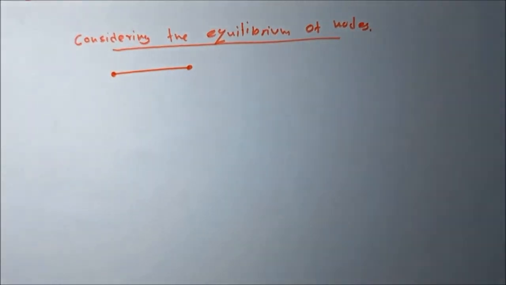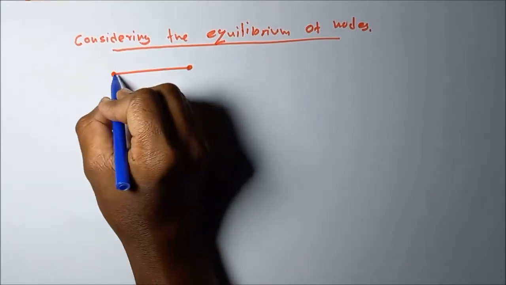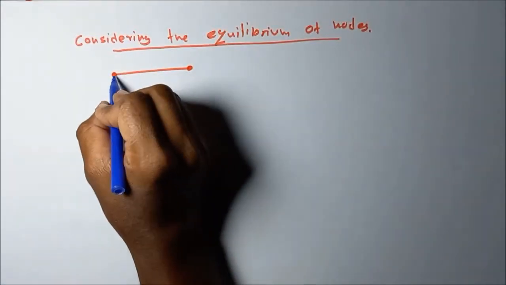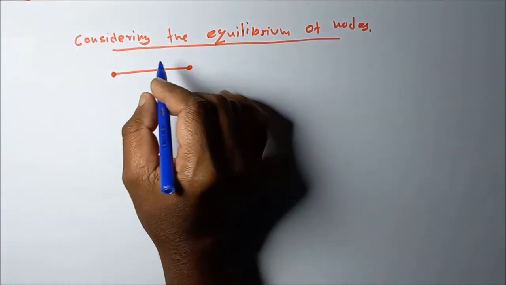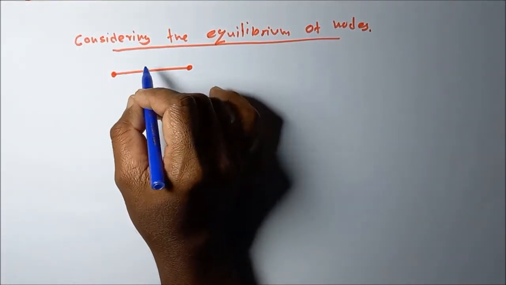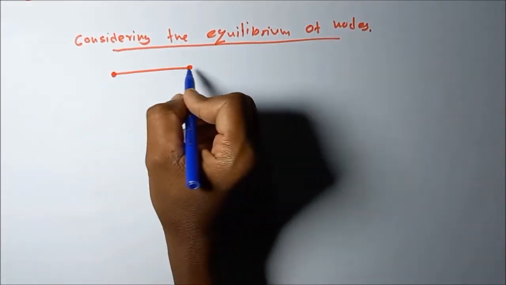To understand this method, this bar is represented by this kind of line element. These are called nodes.